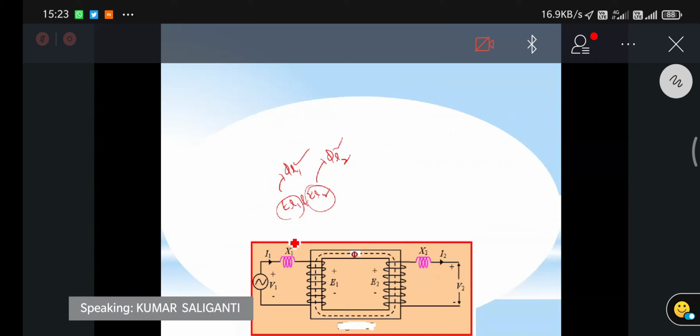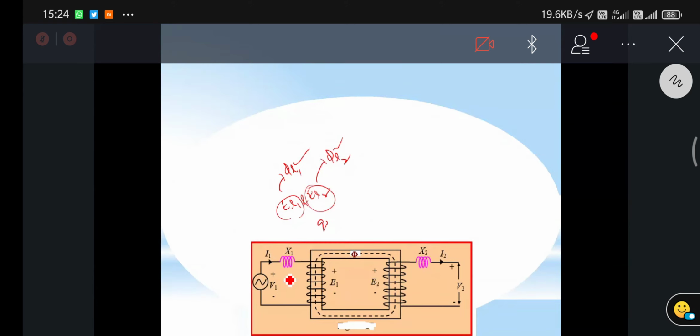Such additional voltage components of the source should be 180 degrees out of phase with the leakage EMFs, so they lead the respective load currents by exactly 90 degrees. That is why the reactance comes into the picture. In the previous case we had V1 equal to minus E1 plus I1 R1.